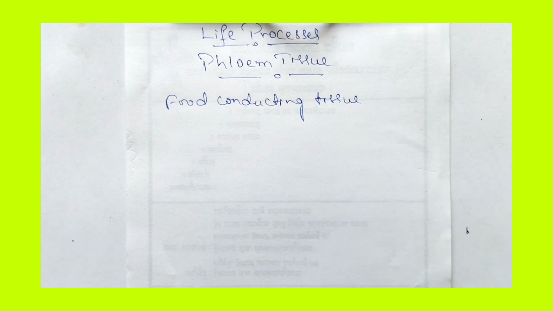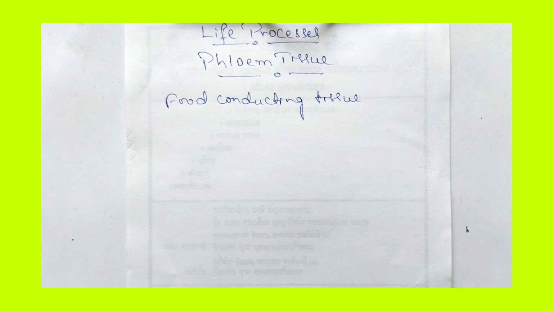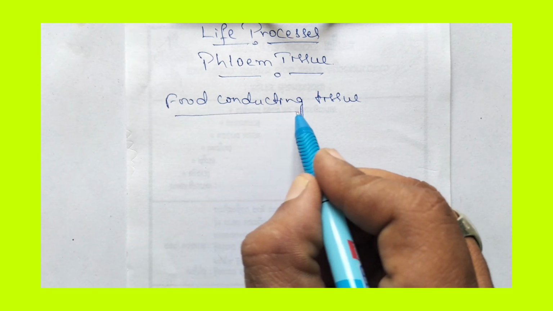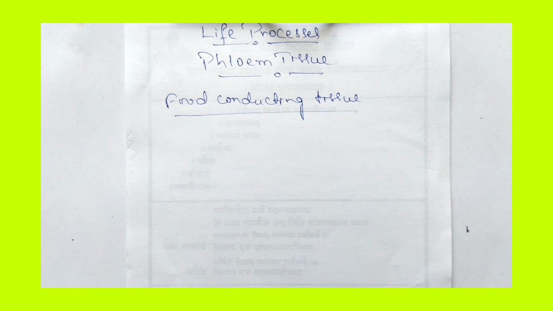This tissue will transport food from leaves to all the parts of the plant body, because the leaf is the kitchen of the plant. Here the food is prepared by the process called photosynthesis. The food prepared in the leaves is transported to all parts of the plant body through phloem tissue. Therefore phloem is called food conducting tissue.